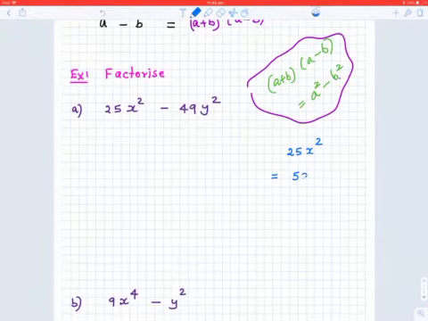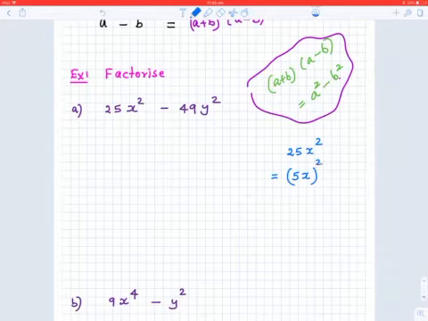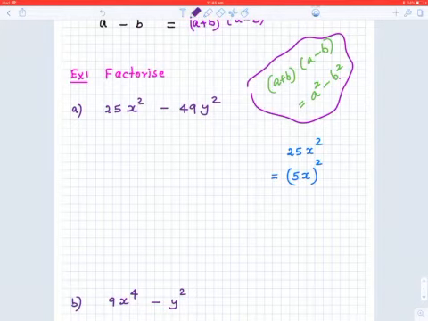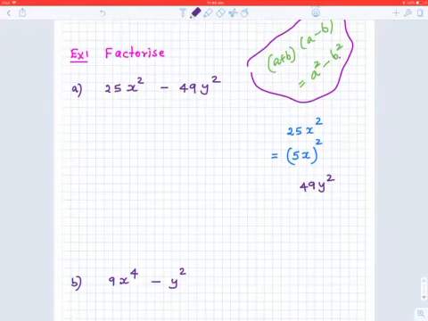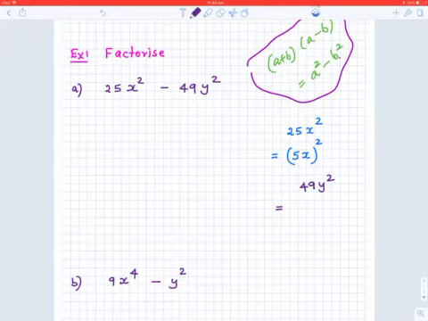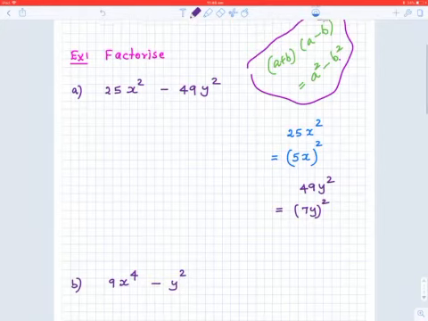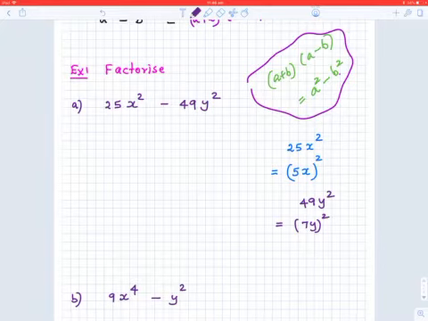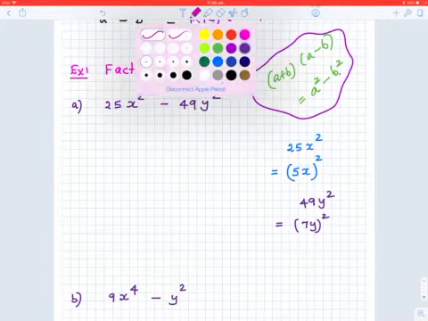The square root of 25 is 5, so we can write this as 5x squared. Then the second term is 49y squared. We ignore the sign at the moment. 49 is a square number, so we can write 49y squared as 7y the whole squared. So we have only two terms, and both are square numbers.